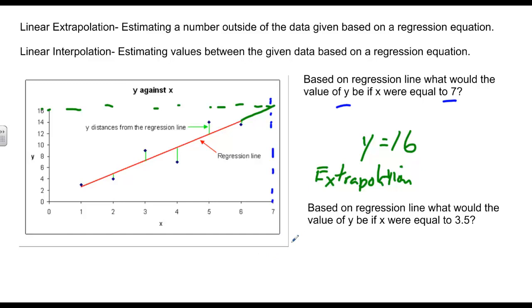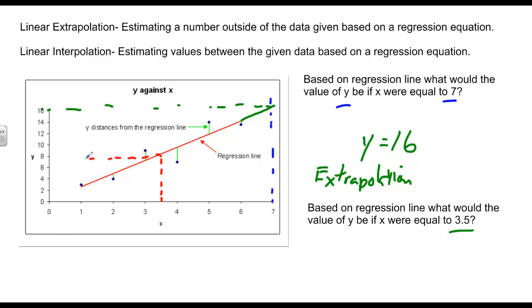Now, if we want to find the y value when my x value is equal to 3.5, that's data already within the given region graphed and calculated from the points given to us. So now, let's look at 3.5 and see how high this would go on the line.